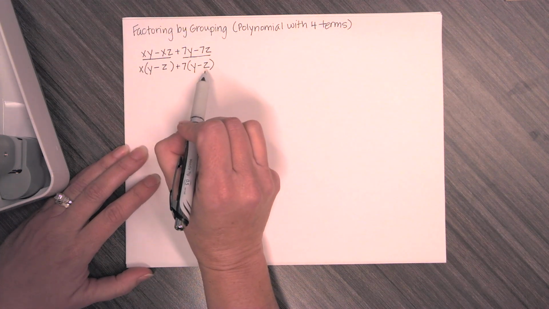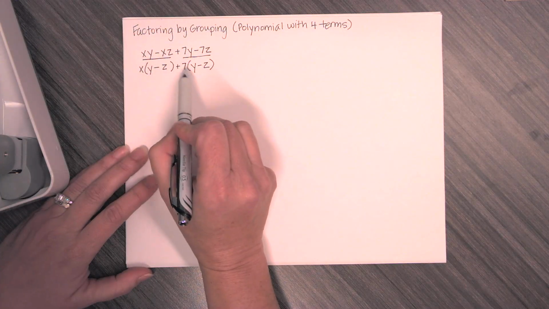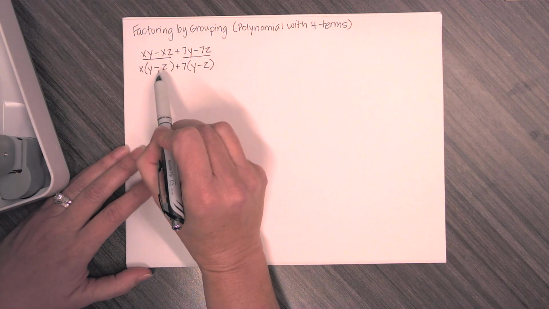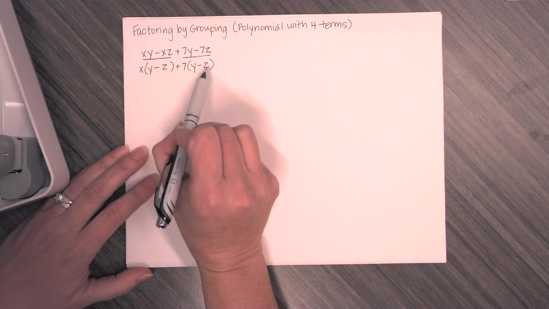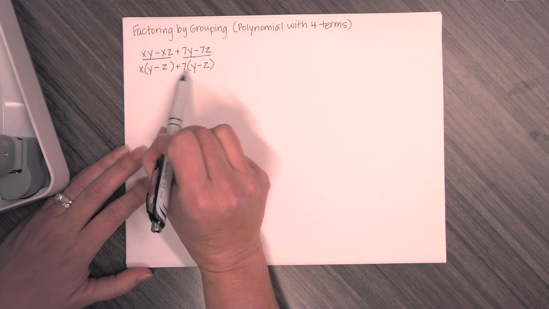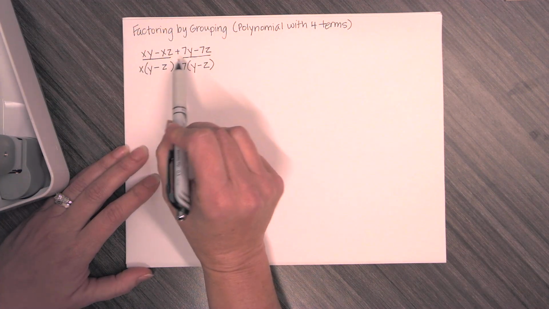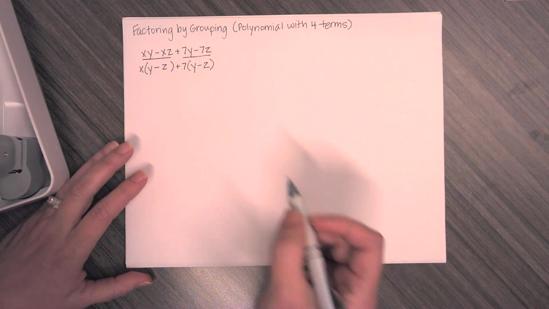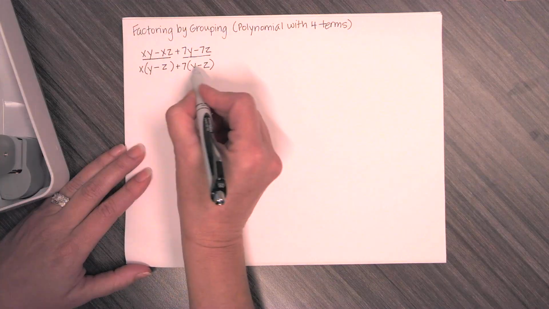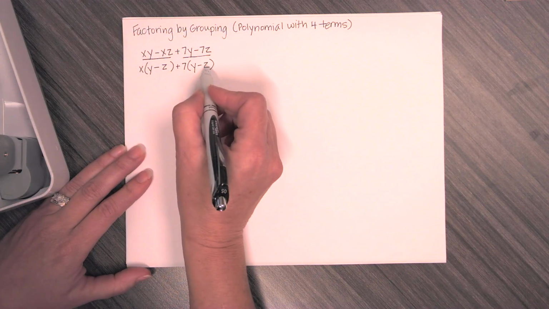That's not to say that it will always work, but if the polynomial is going to factor by grouping, these are going to have to match. So if they don't match, you might want to double check your work just to make sure you didn't make a mistake.